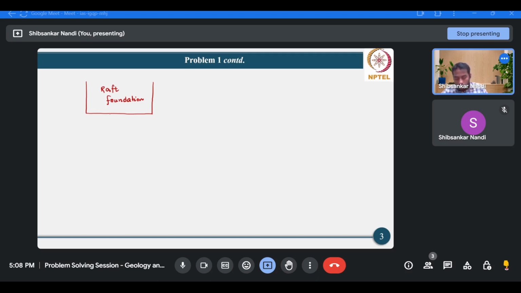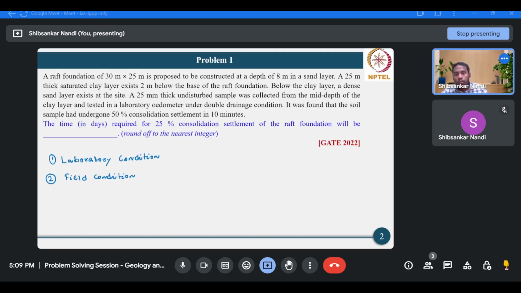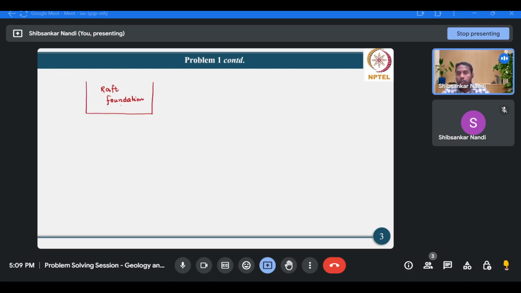Once we have an in-depth knowledge of this course, it will be much easier for us to grasp the concepts of subsequent courses like foundation engineering. Right now we'll confine ourselves to the topic of consolidation. We'll not go into the details of what is foundation, or more specifically what is raft foundation. It's a special kind of foundation that you can learn from the foundation engineering course.